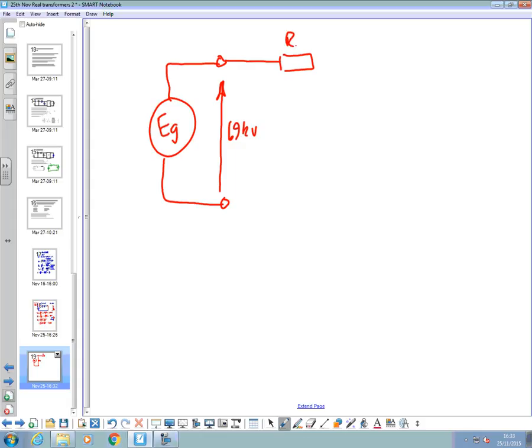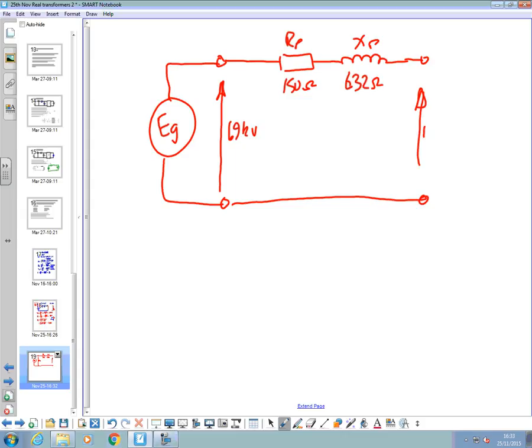And we got an RP in there of 150 ohms, an XP in there of 632 ohms, that we would label on our notation E2 dash. And we've got a ZL dash there. That's the circuit we've now got to analyse. Okay?